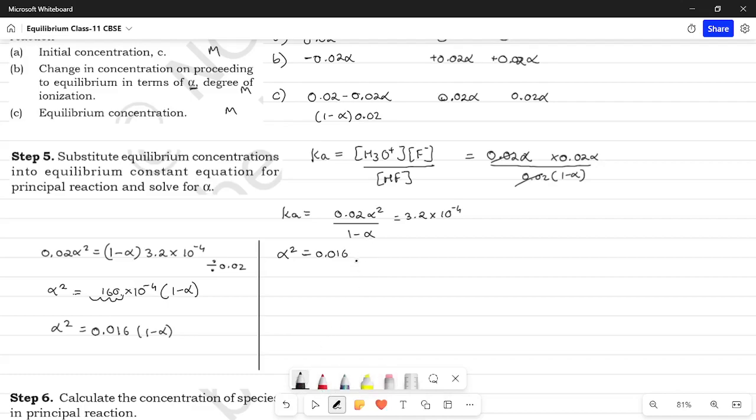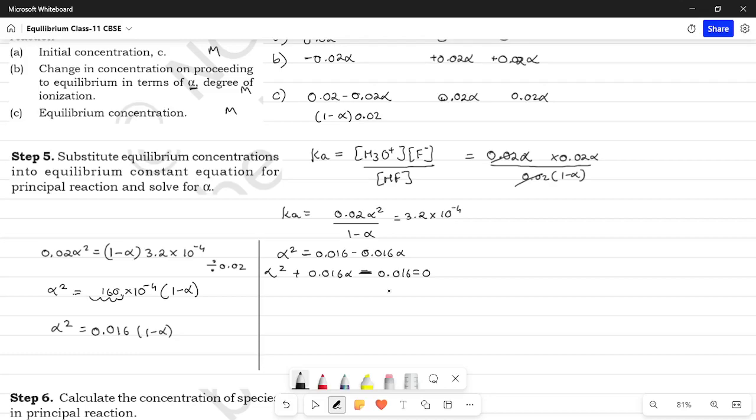So it'll be giving us a negative sign, minus 0.016 alpha. So let's simplify this further. Alpha square plus 0.016 alpha minus 0.016 equals 0.